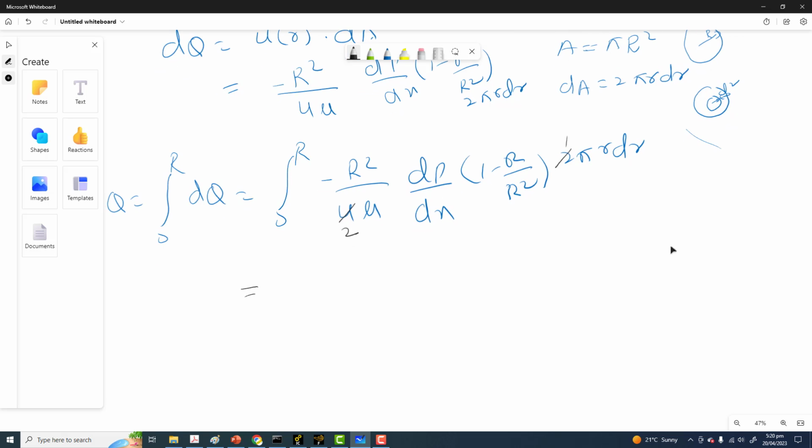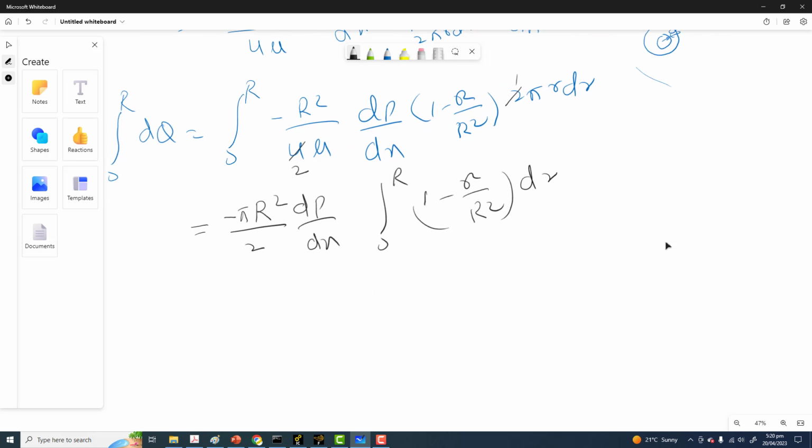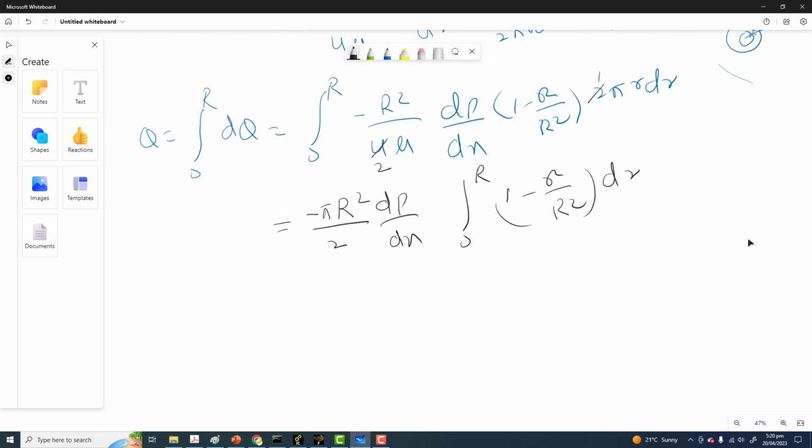So outside I can take minus r square upon 2 and also pi, and also dP by dx, and inside the integration we have 1 minus r square upon capital R square and dr. And you also know that the u average, or the u mean, will be equal to this Q upon area.